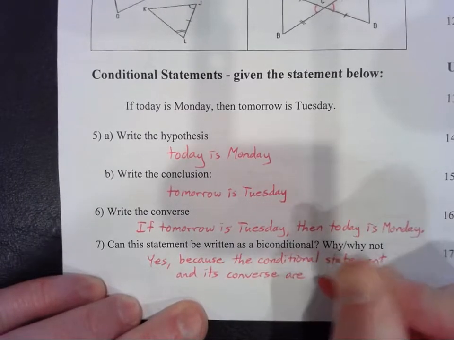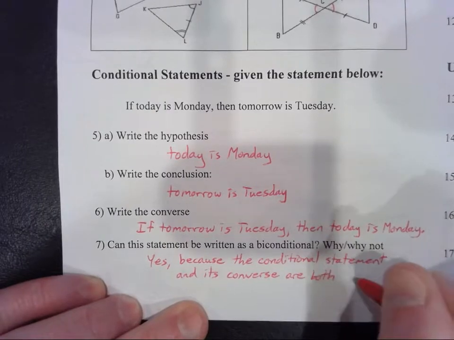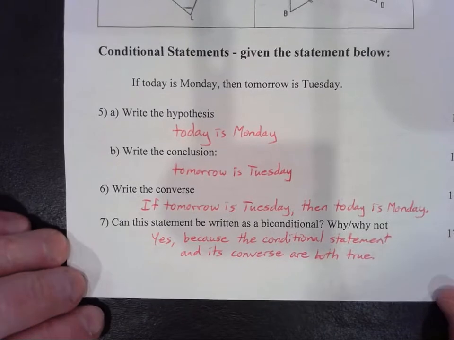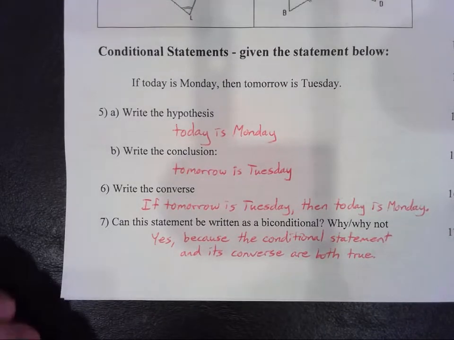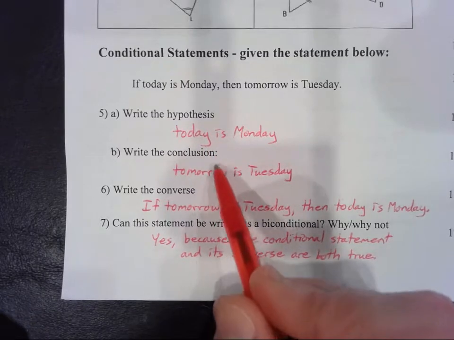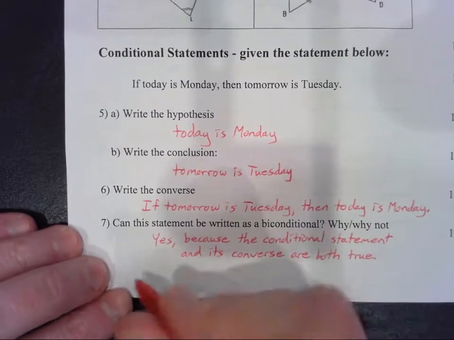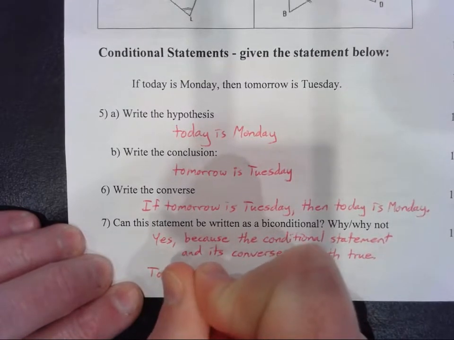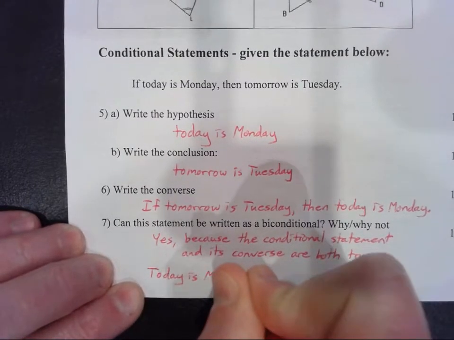Now I know it doesn't actually ask for this part, but the biconditional statement is where we write the if and only if. And so you can start with either the hypothesis or conclusion. It doesn't matter which one you use. Today is Monday, so we do not start it with the word if.